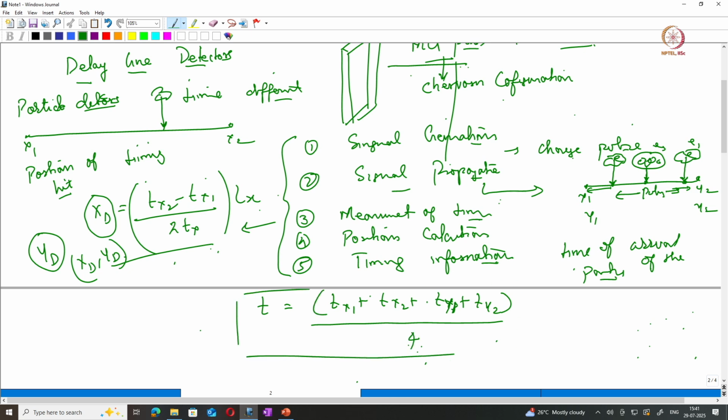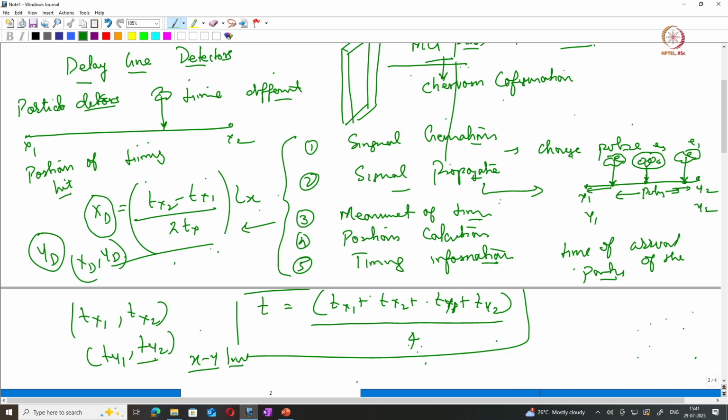So this is the time which is measured. There are two time pairs, Tx1, Tx2, and Ty1, Ty2, for each of the XY line configuration.